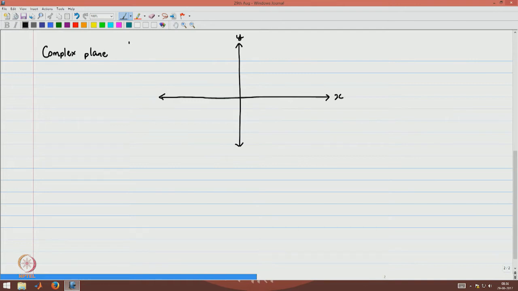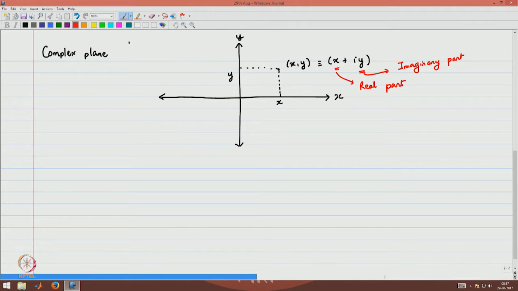So this is the complex plane, and if you take any point (x, y), it has a real part, this is the real part x, this is the imaginary part y. So you have this point is x plus iy, and x is the real part, this is called the imaginary part. So any complex number has both a real and an imaginary part.